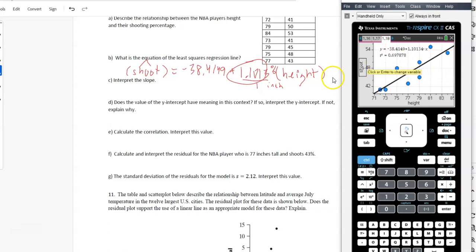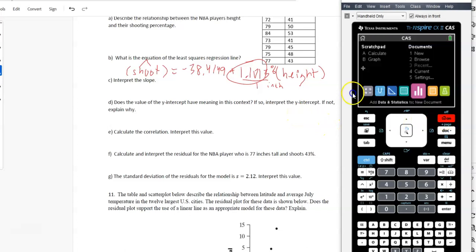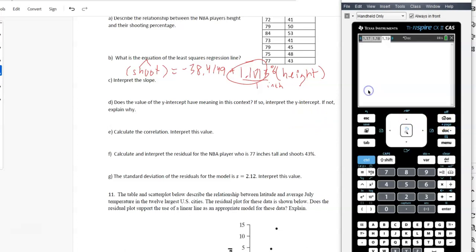So we're going to take that equation and plug in a value here, right? You can do this a couple different ways. If you go to a calculator page, you can actually access the equation. It's called the reg equation, the regression equation, and then put in the number there. It's almost like f of x, and you plug in that value of 77, and it'll give you that value. Or you could do this by hand.